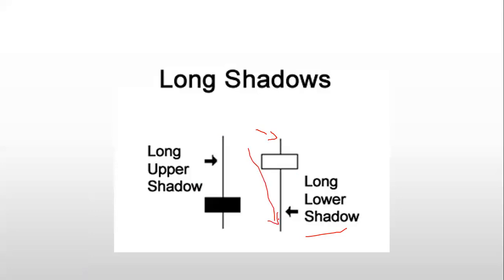Then when the buyers stepped in, they brought the position from below here to the top over here. So this represents a long shadow. You could either have a long upper shadow or a long lower shadow.